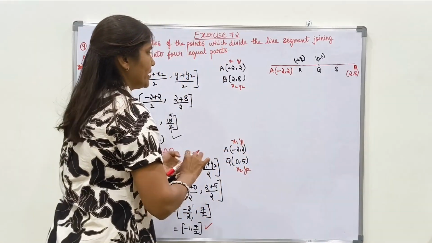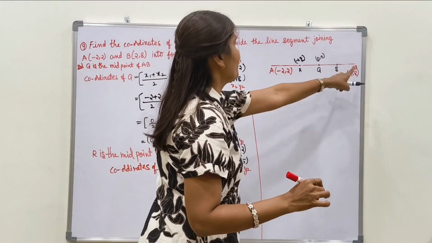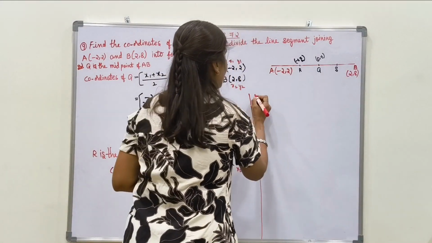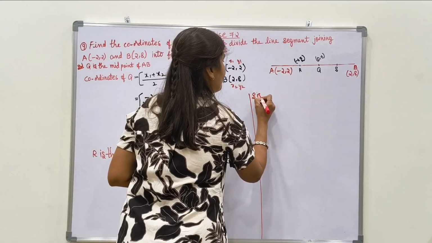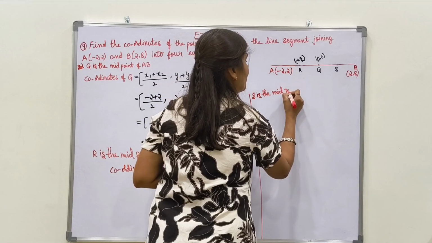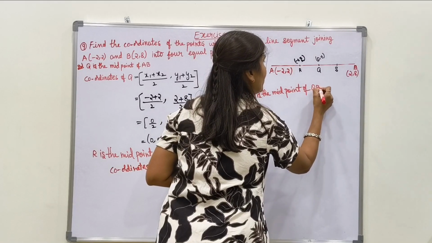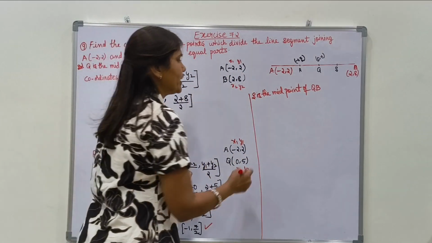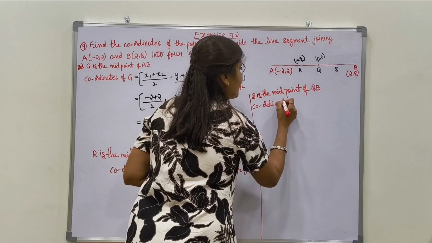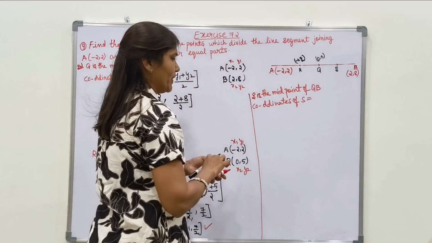Again, Q over, R over. Now we will find S coordinates. Now you write here, S is the midpoint of QB. S is the midpoint of which one? QB. Now we will find which coordinates? Coordinates of S. We will use the same formula.